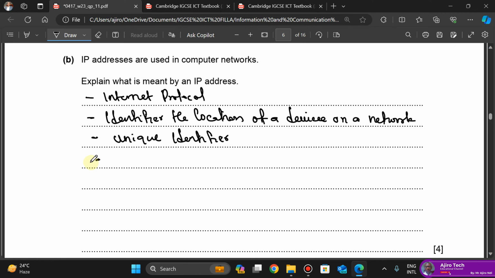An IP address must be different for each device on a network. Okay, they must be different. And all devices connected to the internet must have an IP address.